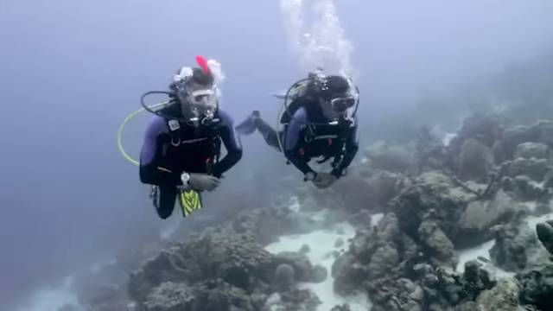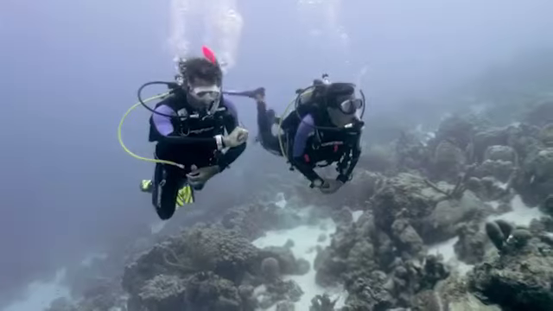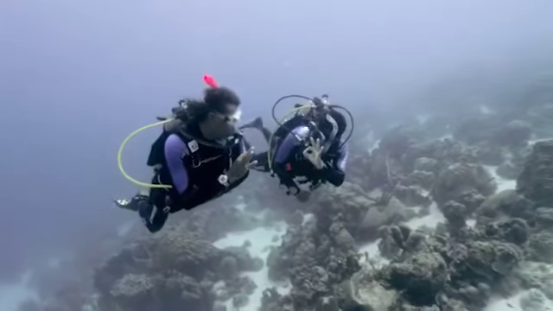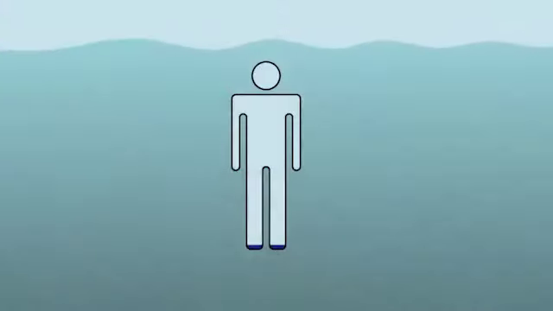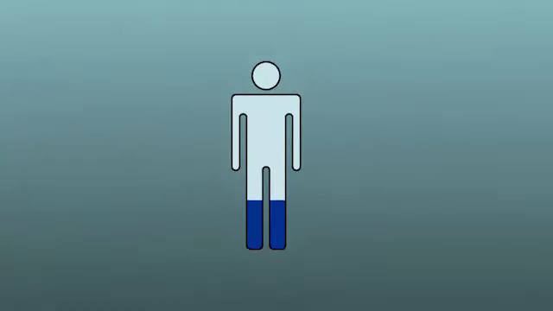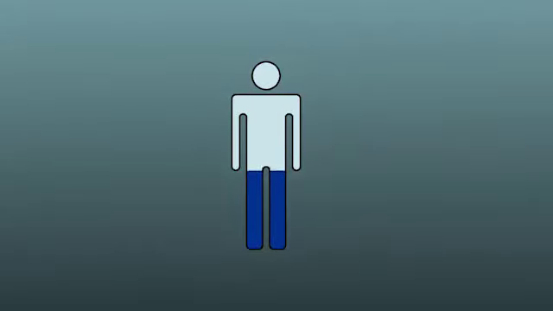You've learned that you have time limits underwater beyond how long your air lasts or how long you stay warm. One of these comes from nitrogen. During a dive, increased pressure causes nitrogen to dissolve from your air into your body tissues. The greater the pressure, that is, the deeper you are, and the longer you're down, the more nitrogen dissolves into your body.